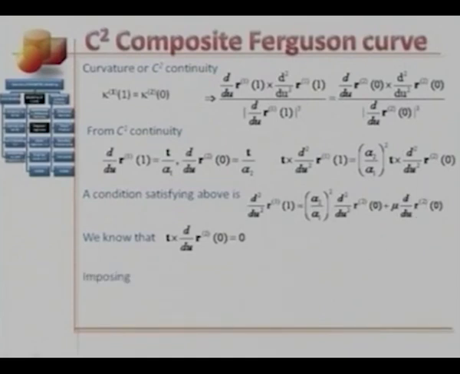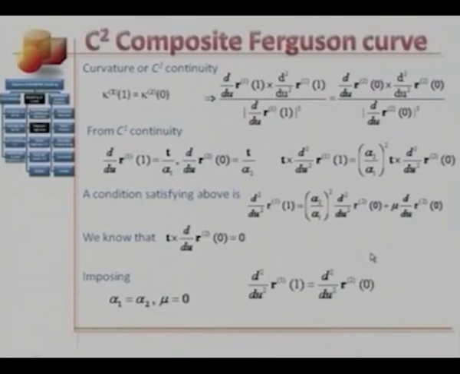If we further impose the normalizing scalars to be equal and mu to be equal to 0, then the curvature continuity condition simplifies to the continuity of the second derivative, that is d2 over du squared of the first segment at u equals 1 equals d2 over du squared of the second segment at u equals 0.